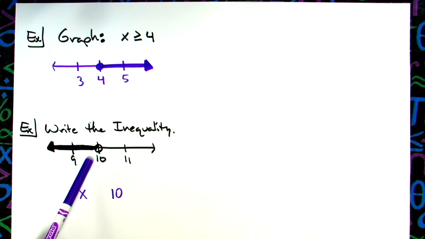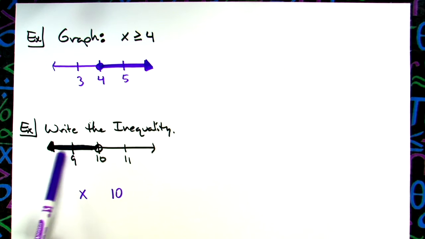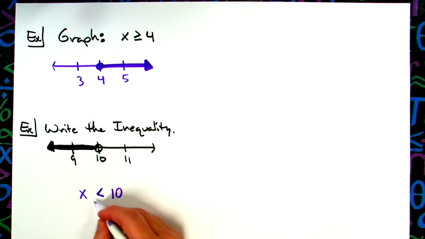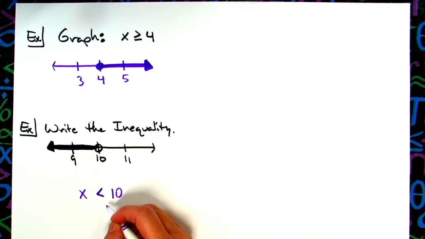Okay, now, over here is where it's shaded. Are these numbers less than or greater than? Less than. So that tells you what symbol to put in the middle. Less than. Now, you look at the dot. Do I need the equal to part? No. So then I'm done.